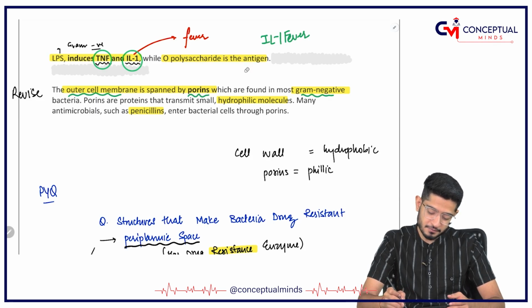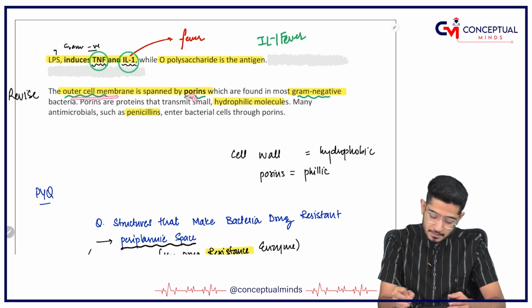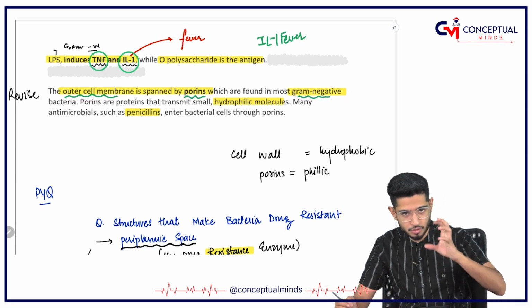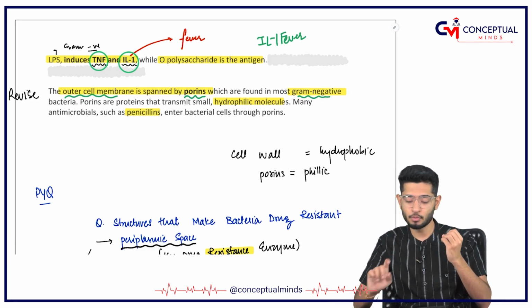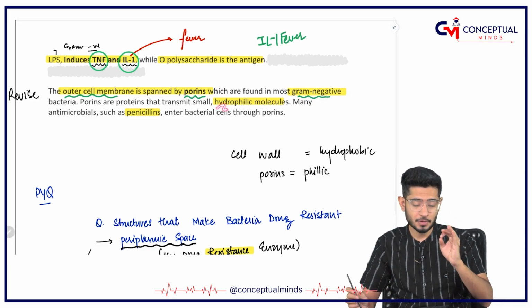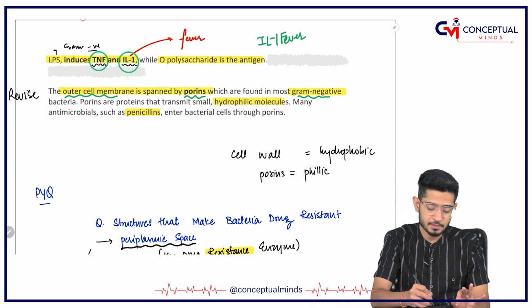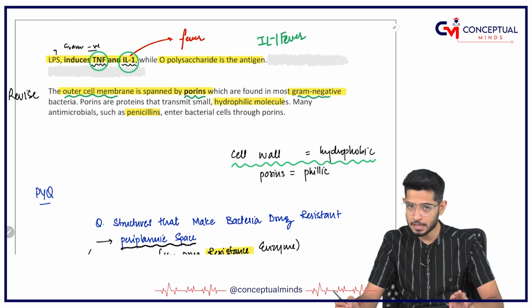So, just for your revision, the outer cell membrane has got porins in the gram-negative bacteria. Now, what is the function of that porin? Supposedly this is a pore. What is the function of that pore? It allows the transmission of hydrophilic molecules. So, my dear friends, see, the cell wall is hydrophobic.